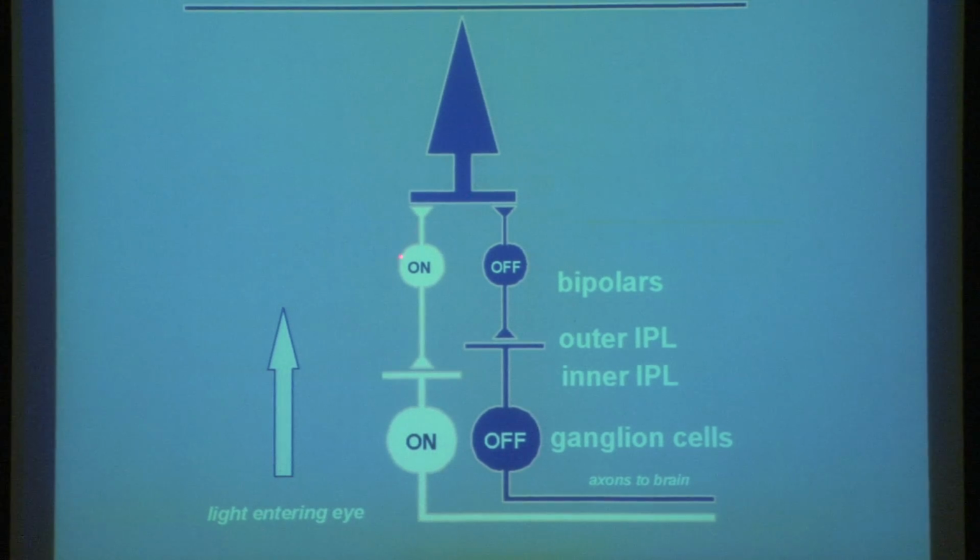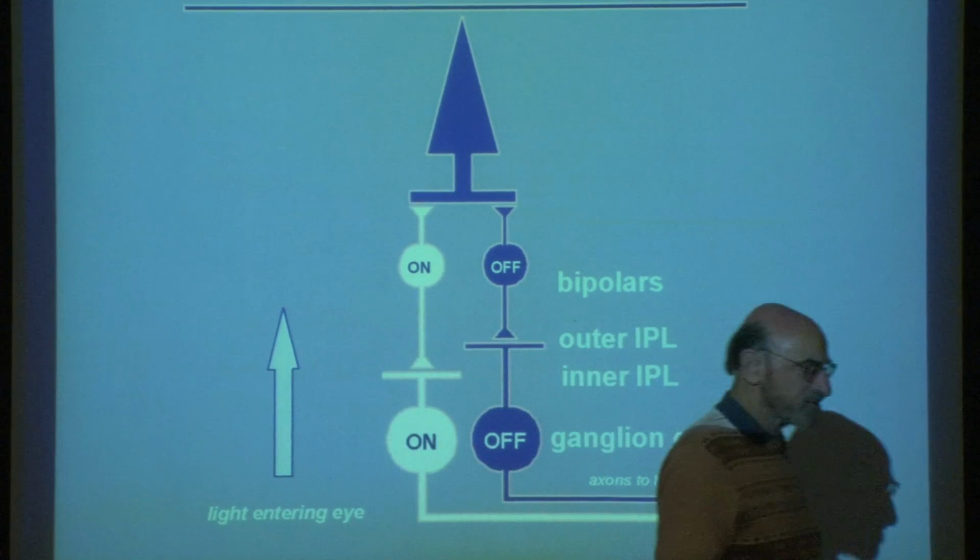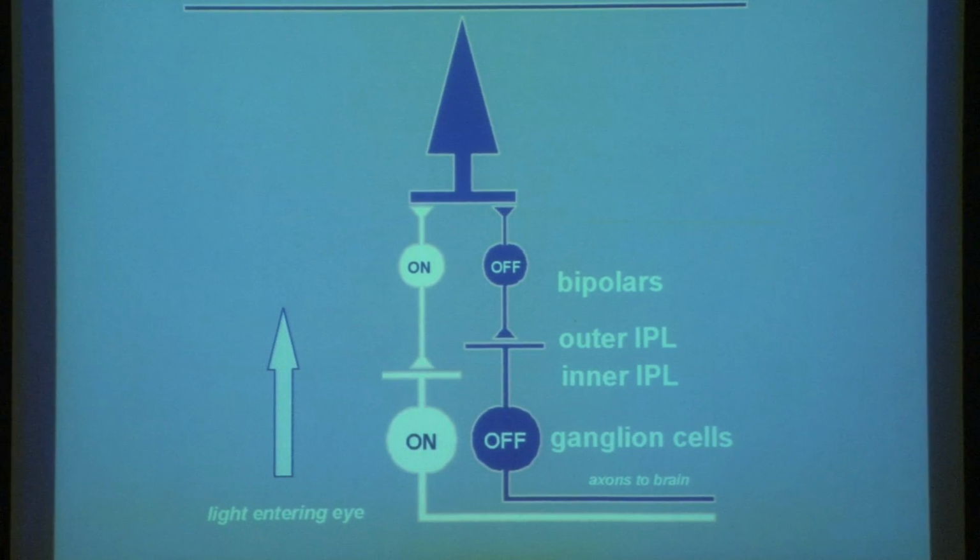All right, so what happens then, you create these on and off bipolar cells, the on ones by virtue of a sign-inverting synapse, the off by virtue of a sign-conserving synapse, and they connect with 2 basic classes of ganglion cells, the on and the off. So the on and off signals, in large part, are sent separately, especially to the lateral geniculate nucleus.